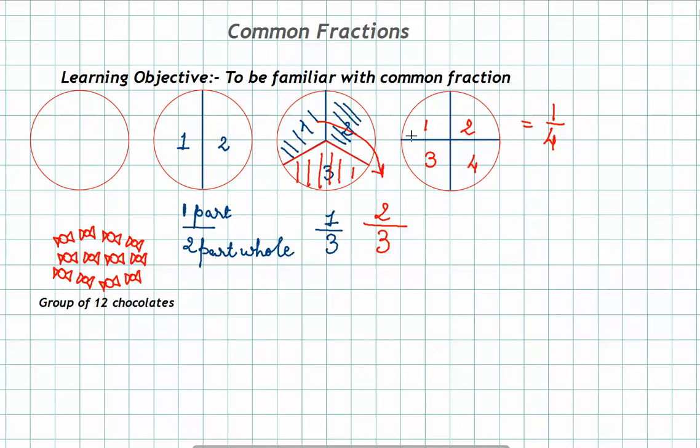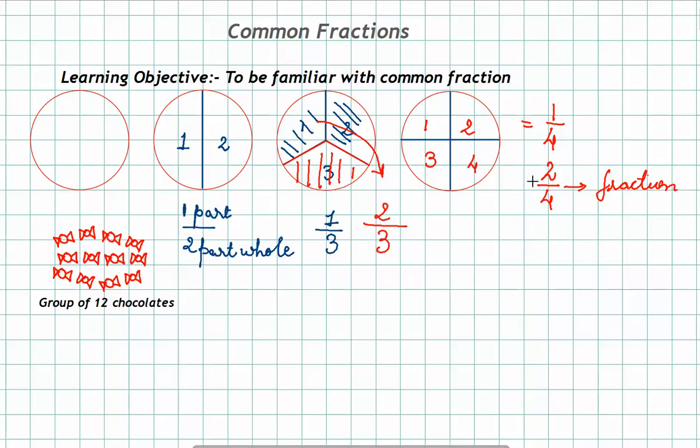If you are consuming half of the pie, you can say that you have consumed two parts out of the four parts of the pie. So basically this representation of two parts out of the whole, that is the four parts, is known as fraction representation, a fraction of the whole.